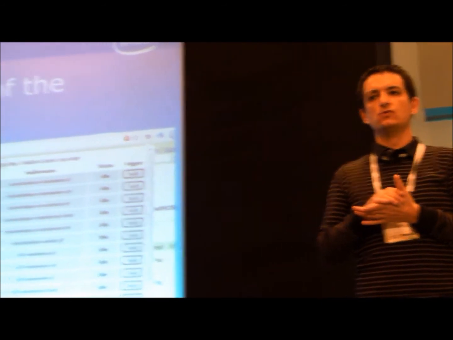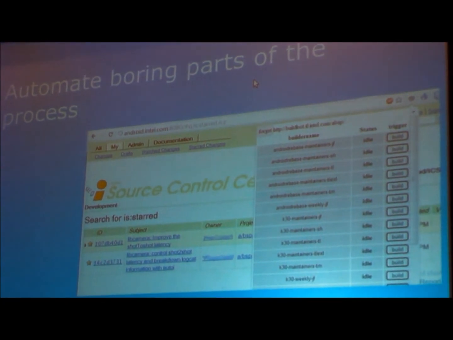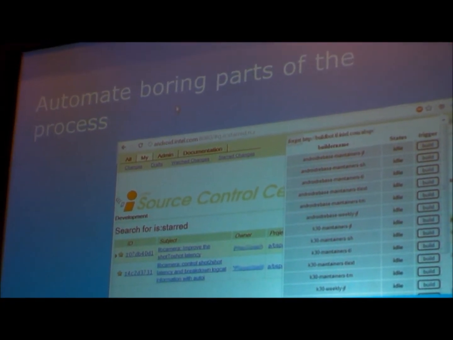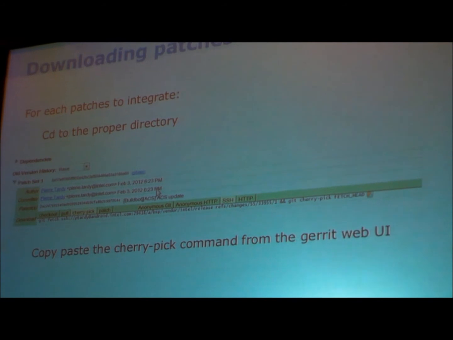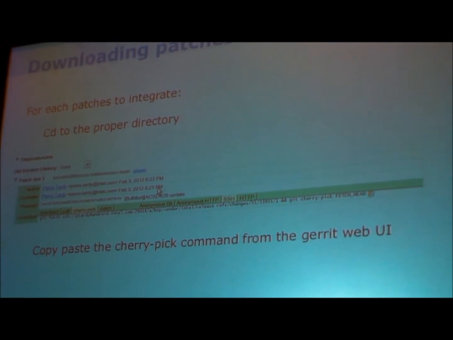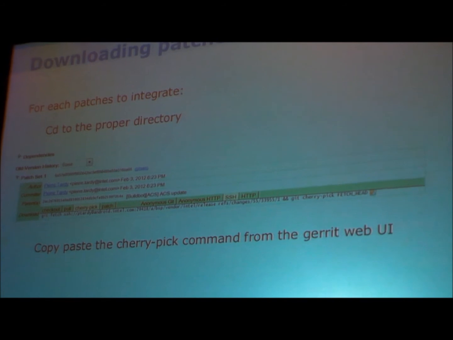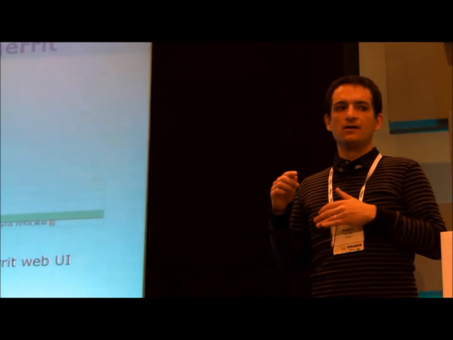Now we want to automate part of the Android process. So how do you do that? Here is the maintainer's job when you don't have Buildbot. You get a bunch of patches from a developer, and he says, this is the URL for this patch, this patch, this patch. Please integrate that and verify.